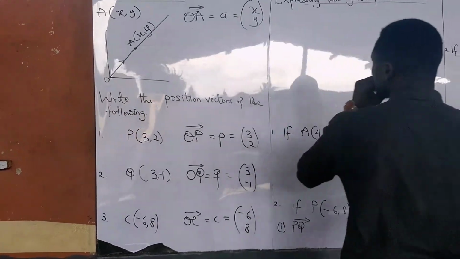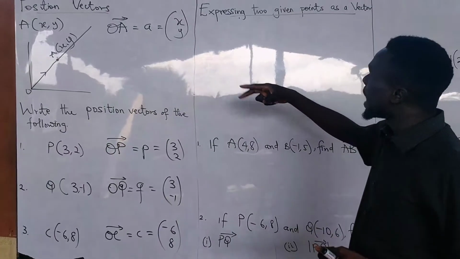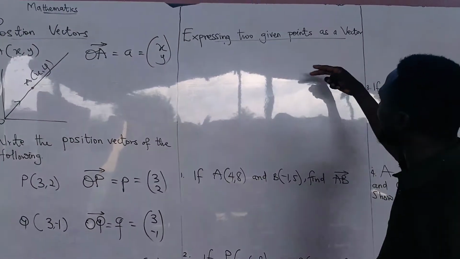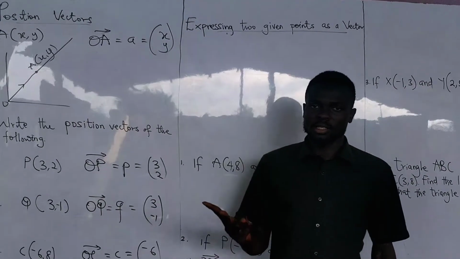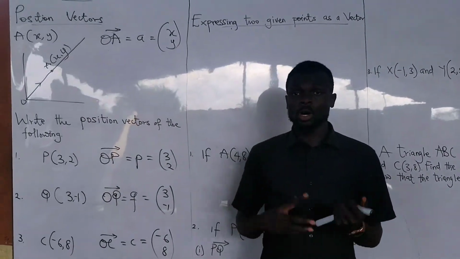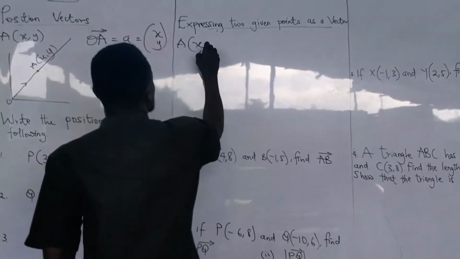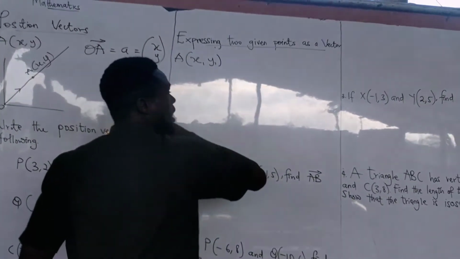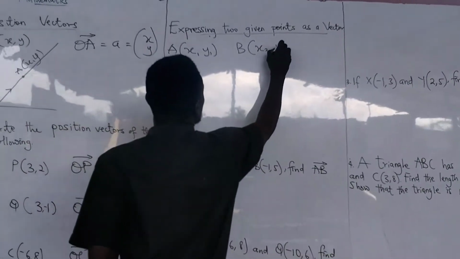Now let's look at the next one. It says expressing two given points as a vector. Here they've given you 2 points. Let's say we have point A as (x1, y1), and point B as (x2, y2).